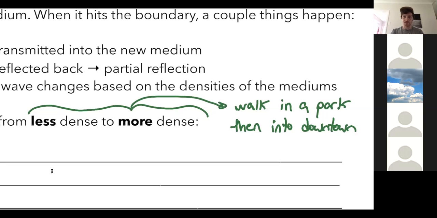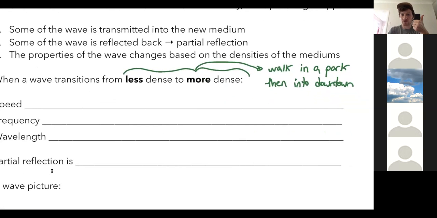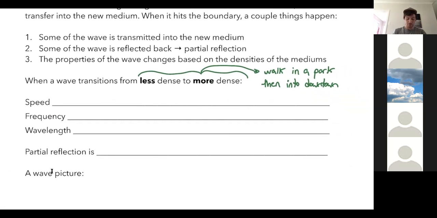So what happens? If we think about our running example, can you run faster in a wide open field or in downtown Winnipeg after a Jets game? Probably in the field, which means when you transmit into a more dense medium, your speed is going to decrease.